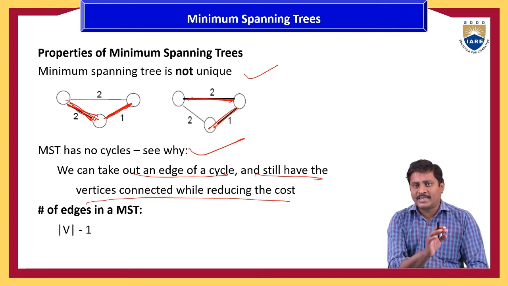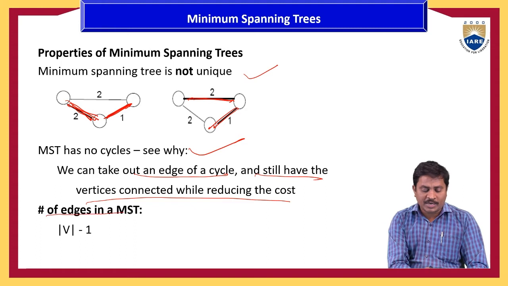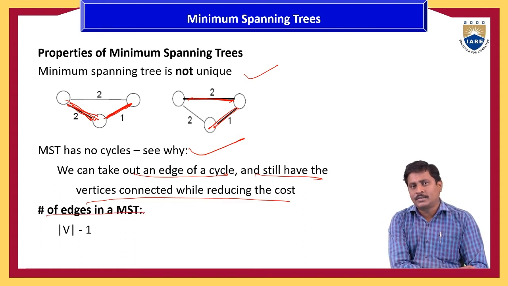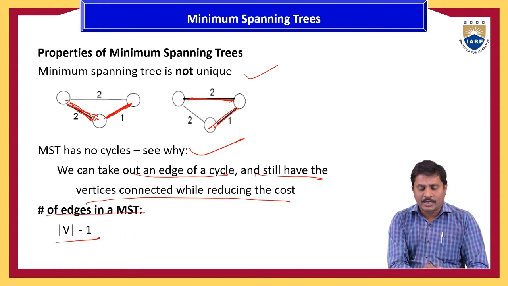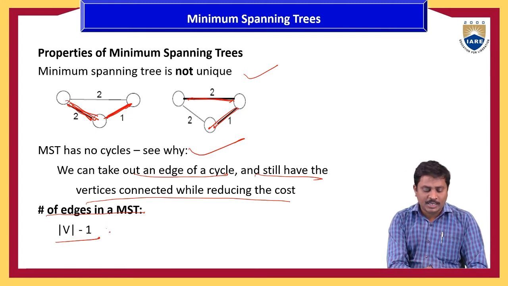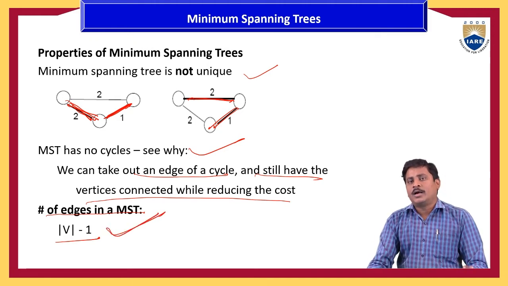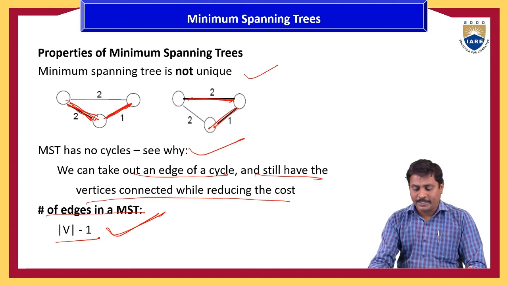The number of edges in a minimum spanning tree is modulus of V minus 1, where modulus of V is the number of vertices. That is the formula for finding the number of edges in a minimum spanning tree.